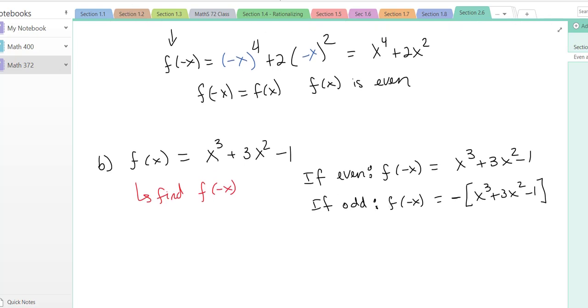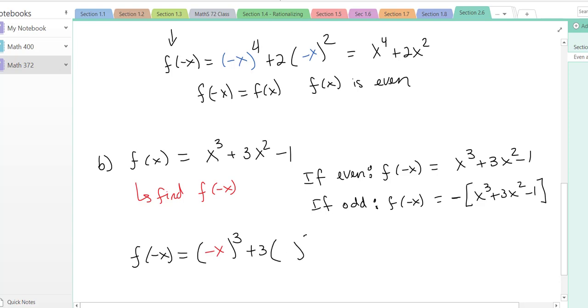So let's see. f of negative x is going to be negative x cubed plus 3 negative x squared, because I'm plugging in negative x, minus 1. Remember, a negative raised to an odd power stays negative, so this would be negative x cubed, and a negative raised to an even power becomes positive, so that would be plus 3x squared minus 1.